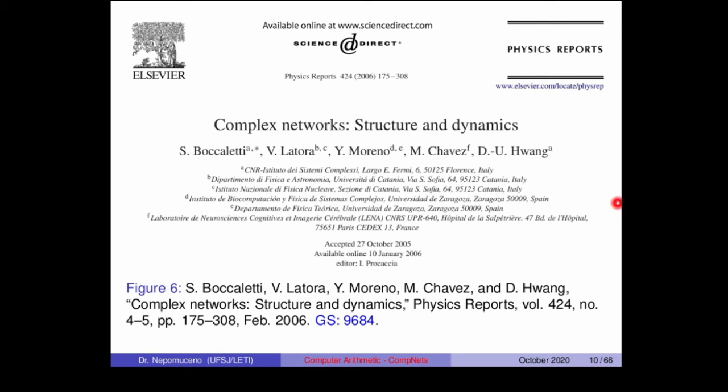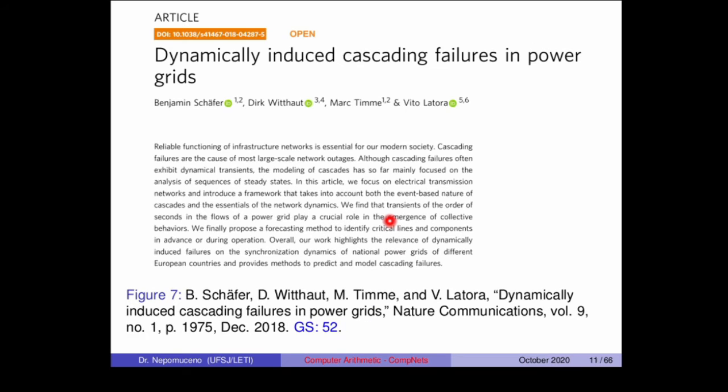Another paper gives you very basic information about complex networks, with some topics about dynamics. It's a very dense paper of more than 130 pages, and quite useful as well.